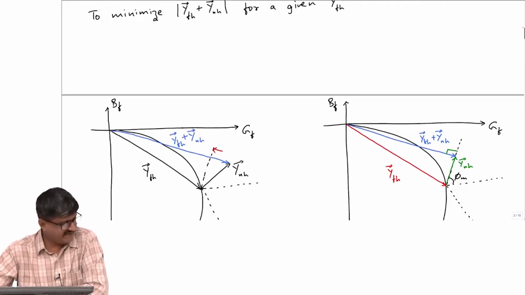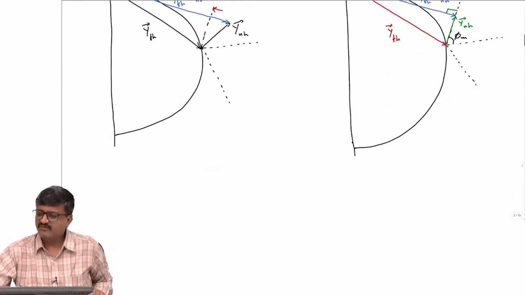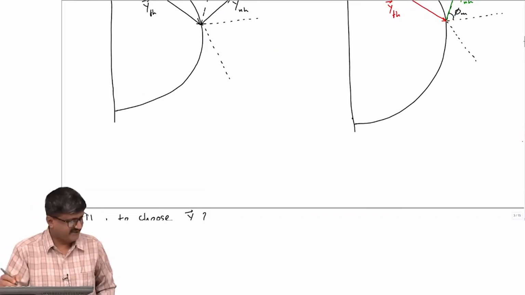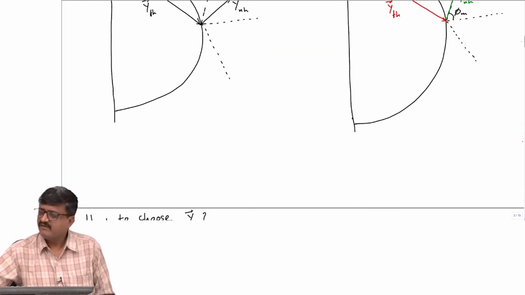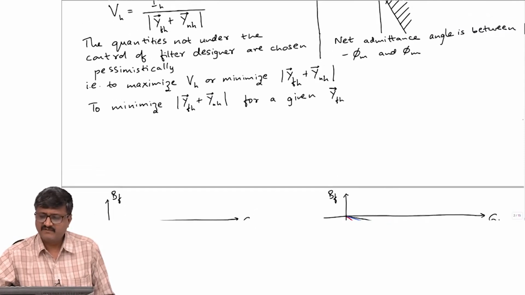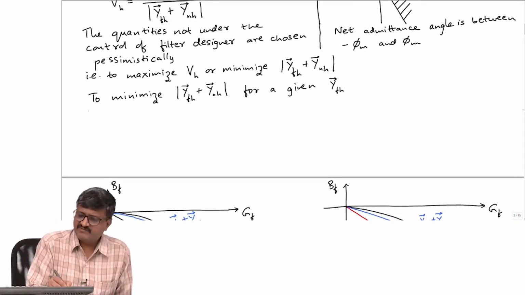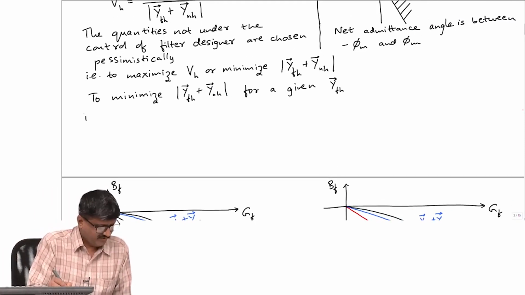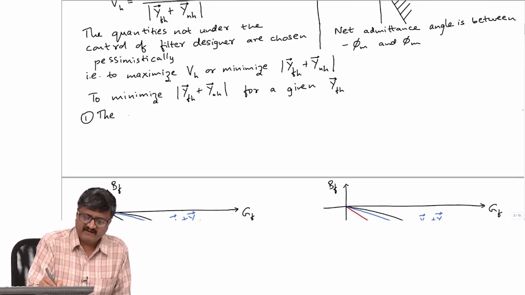So, when it comes to y n h, let me summarize how I have chosen y n h. To minimize y of h plus y n h for a given y of h, what one should do is: the angle of y n h should be phi m.